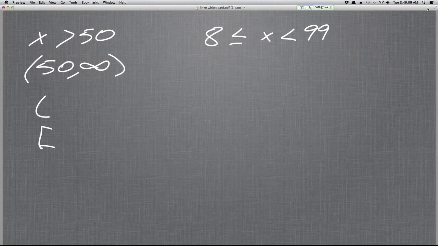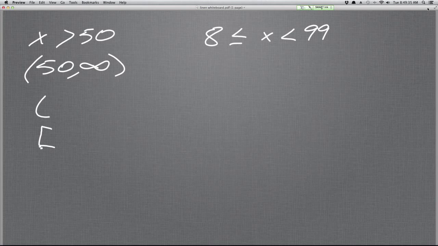Okay, I have 8 less than or equal to x less than 99. So what set of numbers is this talking about? 8 to 99. Everything between 8 and 99. Is 8 included? Yes. Is 99 included? No. Okay, so again, remind me in interval notation, how do I want to get started?